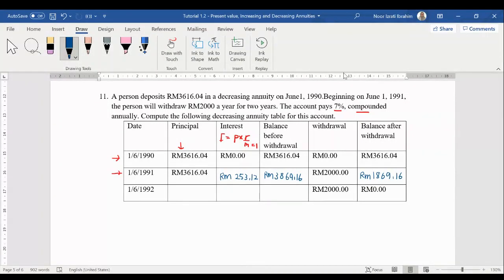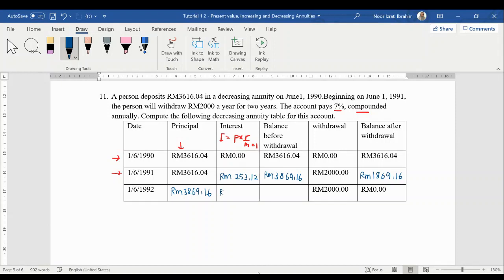This balance will be the new amount in the account for 1992, after another 1 year. To get the interest value, you just multiply with 0.07 because it's compounded annually, so it's simpler.